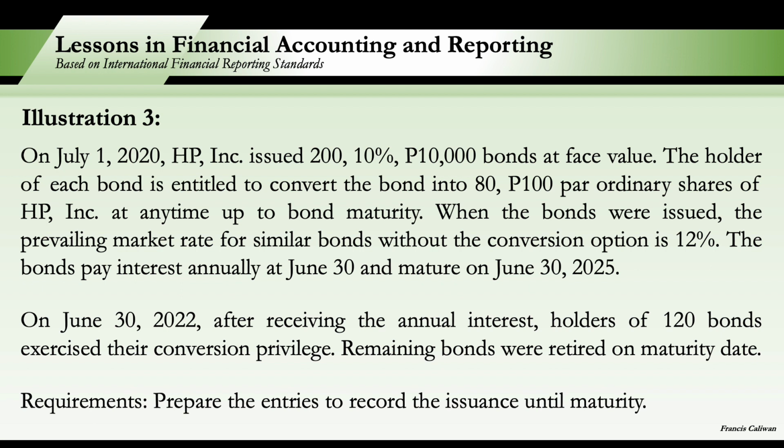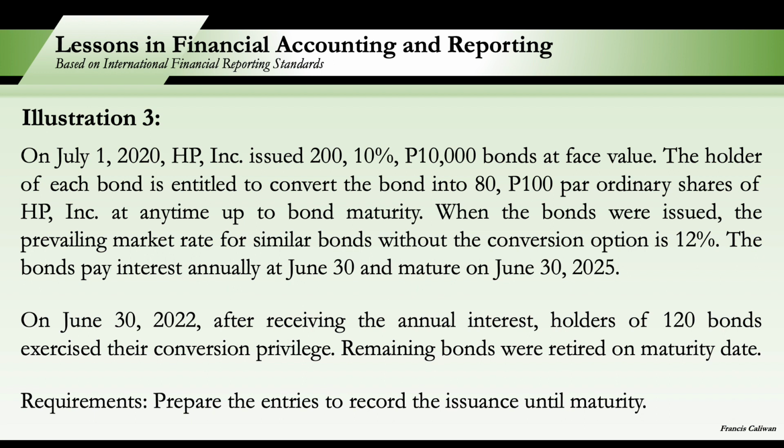Different story yon if the issue price, which is the face value, is for bonds alone. If that is the case, we can conclude that the bonds were issued at no discount or premium. But in this example, the issue price, which is the face value, is for the compound financial instrument. For allocation pa siya between the bonds and the equity. Therefore, our safe conclusion here is the bonds were issued at a discount.